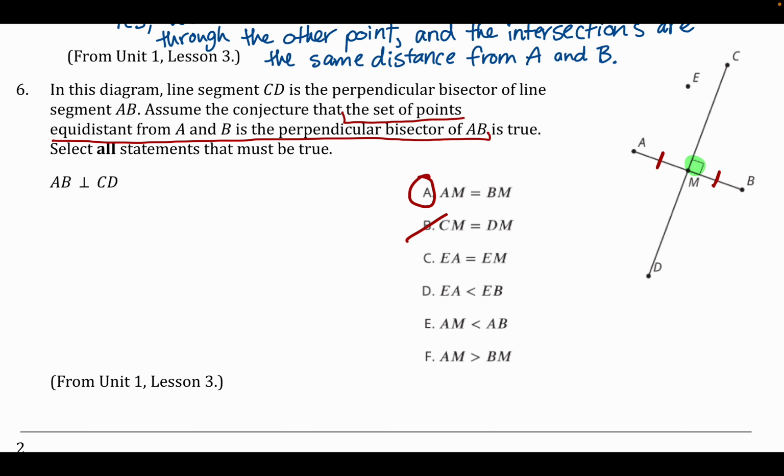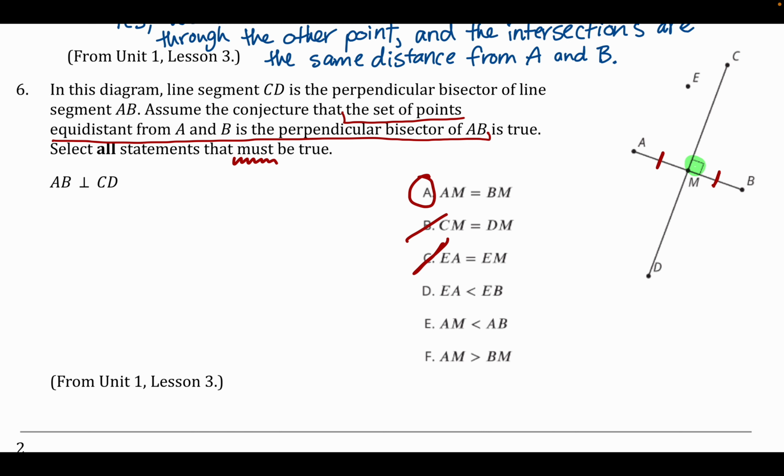So since we're choosing ones that must be true, we can't select that one because it's possible, but it doesn't have to be true. Let's look at option C. So this one says EA is equal to EM. So EA would be from this point to A, and then from E to M. Now, while they look like they could be the same distance, again, we're not given anything specifically that means it has to be true. So we don't know that that's true.